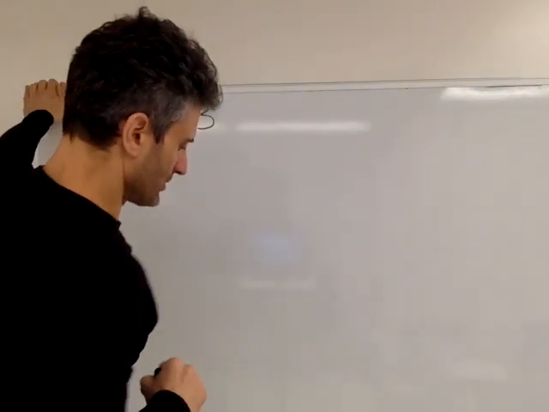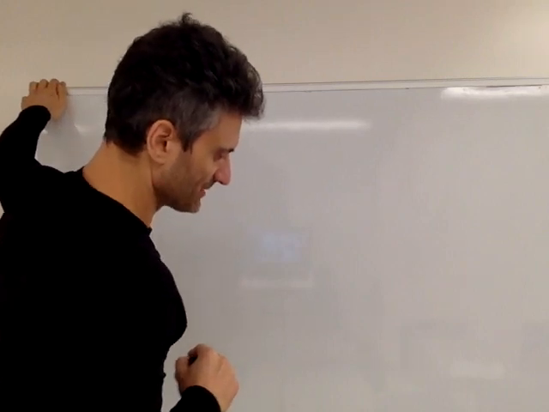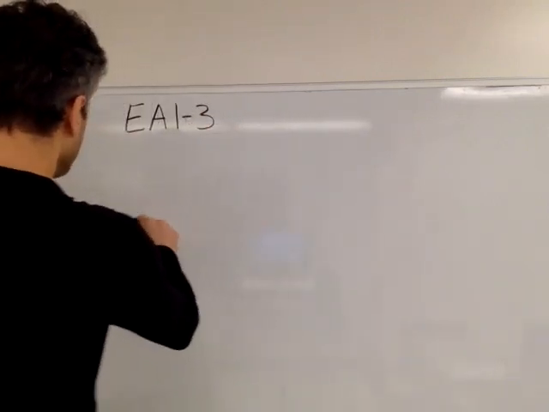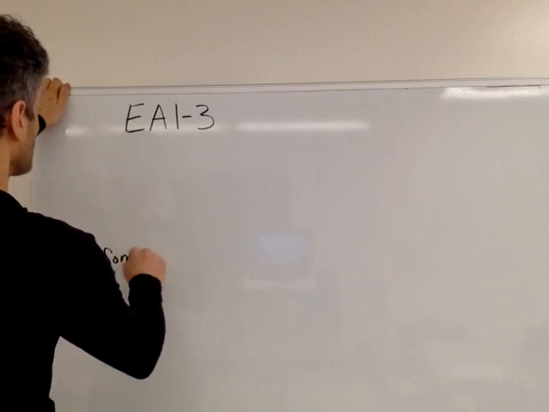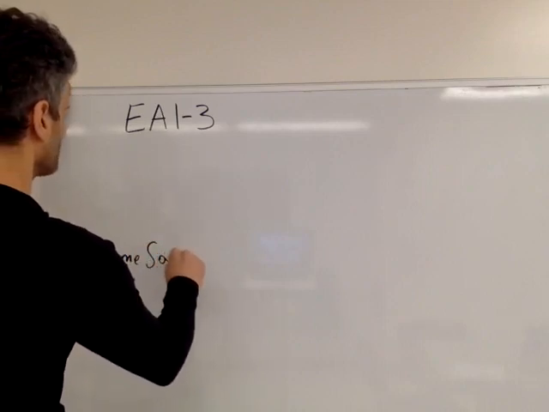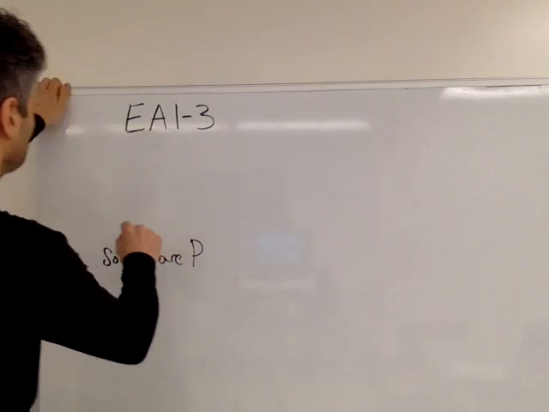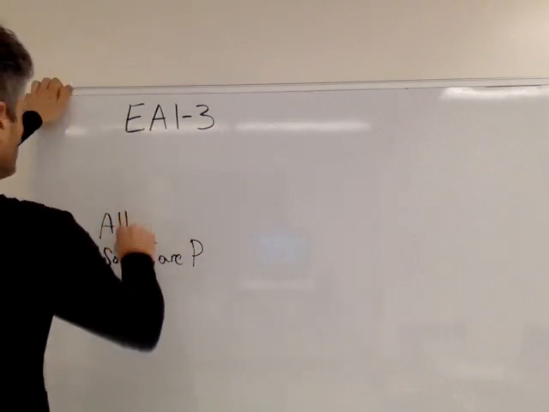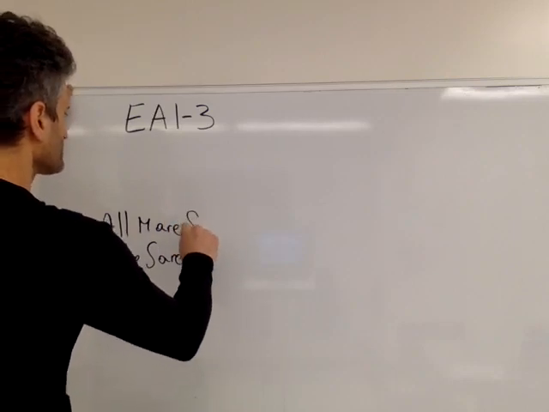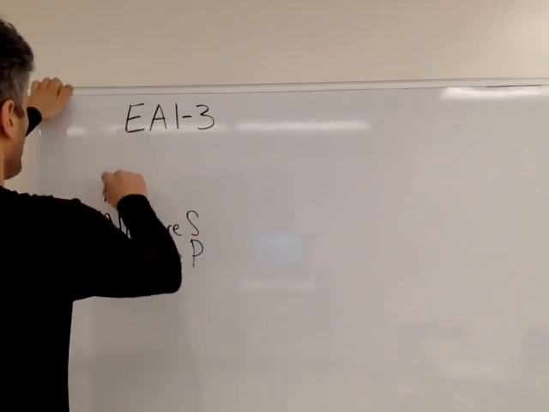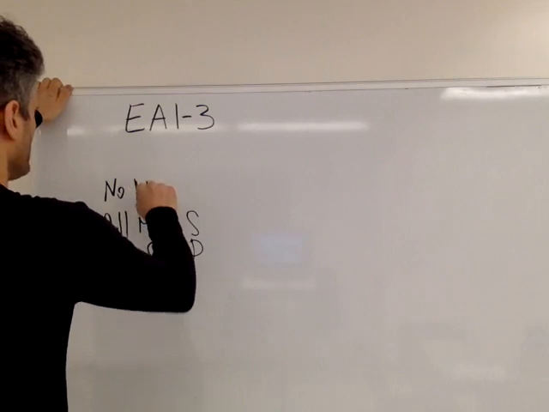Now, what I'm going to show you here is something a little different. Let's first reconstruct the argument. Some S are P. All M are S and no M are P.